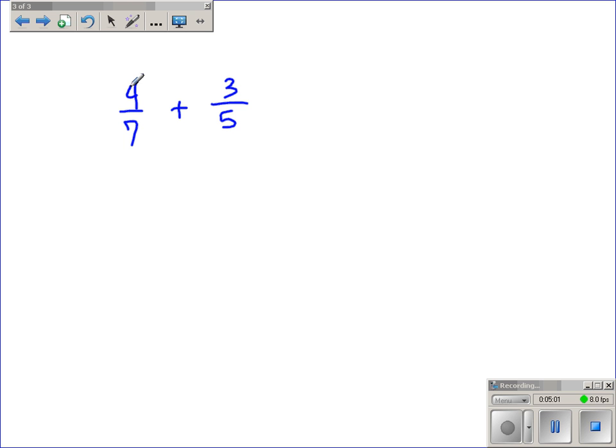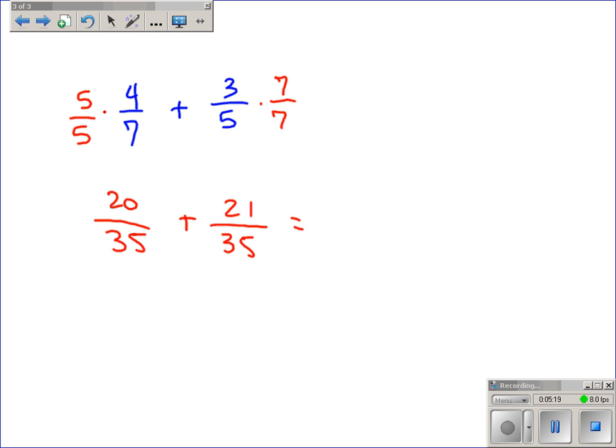So I'll multiply top and bottom of this fraction by 5, and top and bottom of this fraction by 7, because 5 times 7 gives us 35. Okay, now we have the same size of piece that we're working with, and the numerator, 5 times 4 is 20, and 3 times 7 is 21, and so 20 plus 21 is 41 over 35.